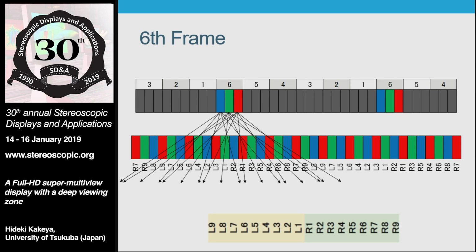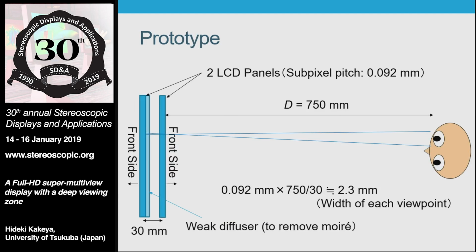So the full resolution image is reproduced after 6 frames. And we can generate 18 directional lights with the full resolution of the display panel. So that's how it works. We gave a presentation of this work at SID this year. And this is the prototype of the system.